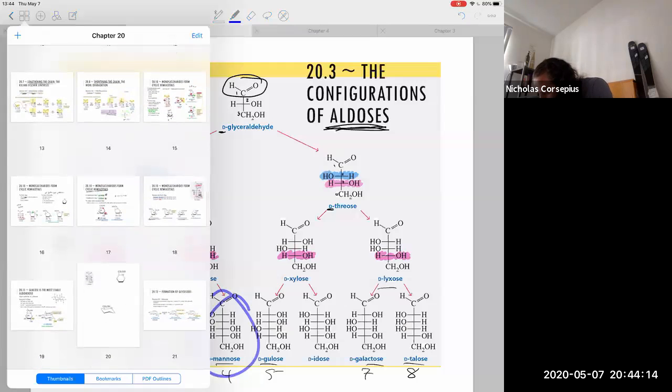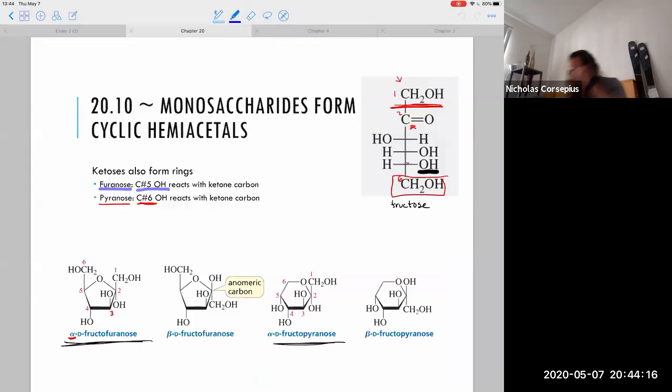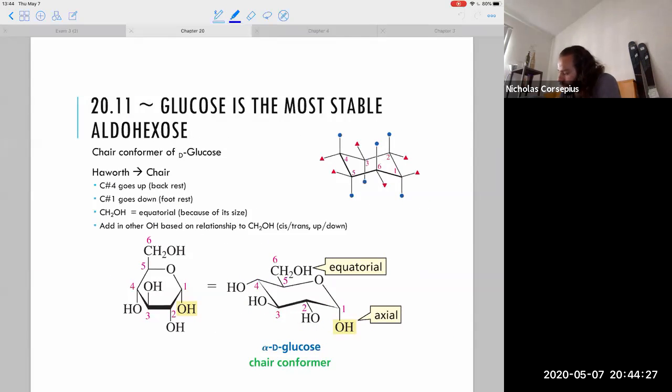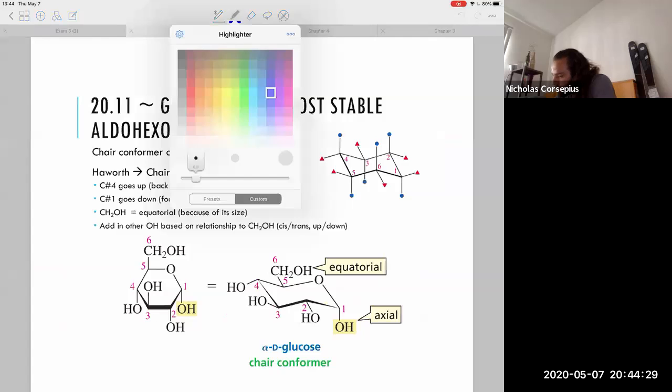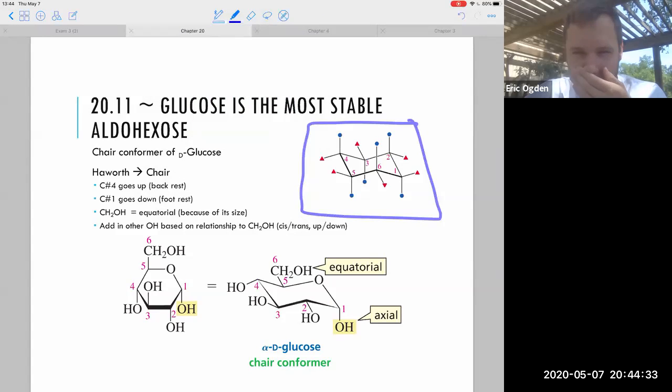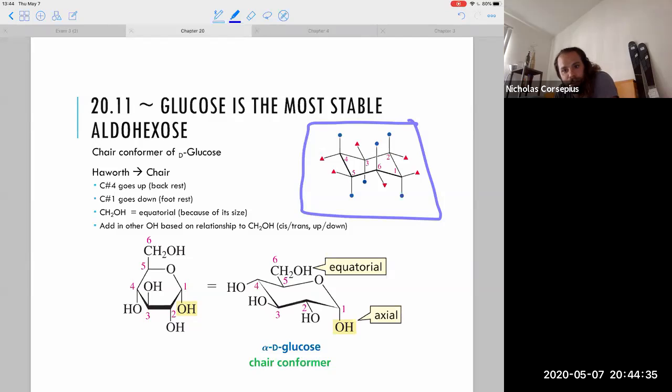Where are we at? Okay. All right, so now we got how to draw those. Now, unfortunately, we have a bit of a bigger pain in the ass problem here, which is, everybody remember these guys? The chairs. Yeah, unfortunately, they're going to rear their ugly head.